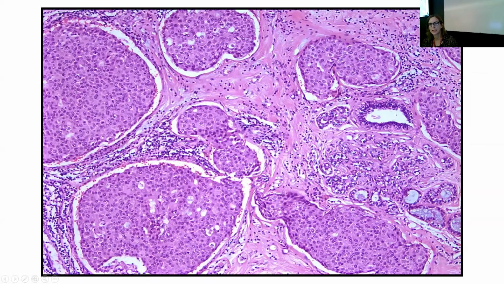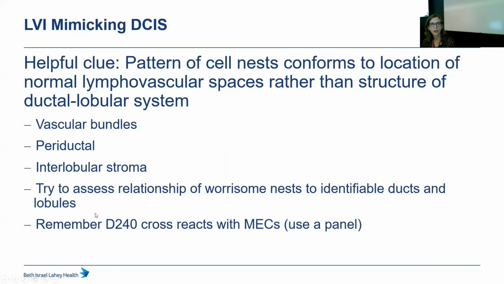And so if you see things like that, you should consider the possibility that you might be dealing with extensive lymphovascular space invasion. And then you can do your immunostains, D240, but do remember that that cross-reacts with myoepithelial cells.